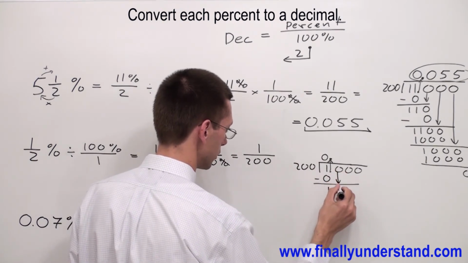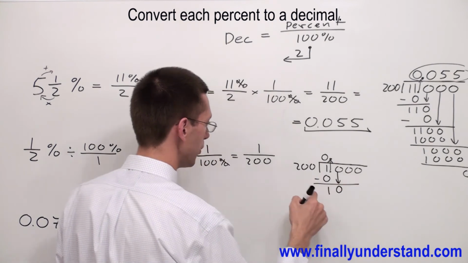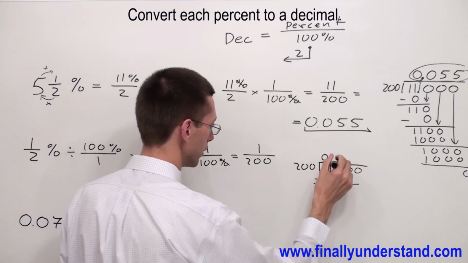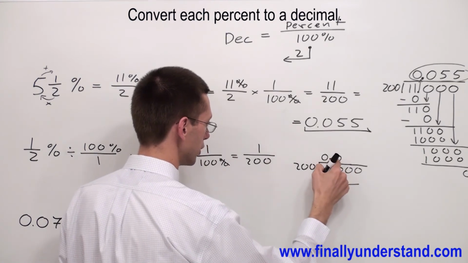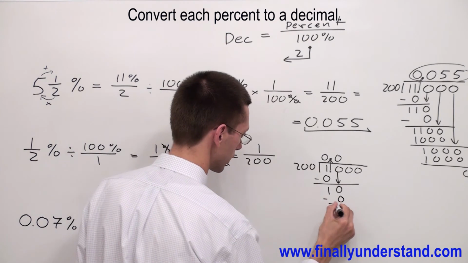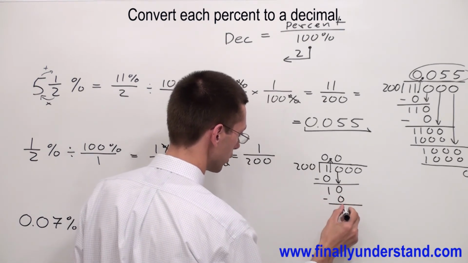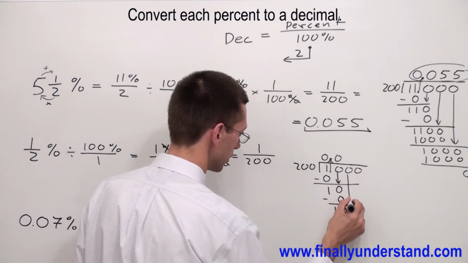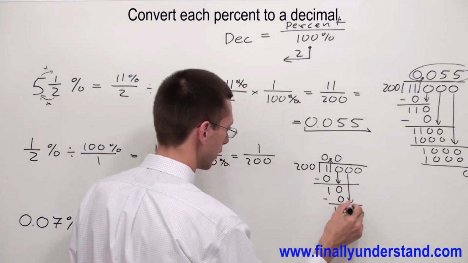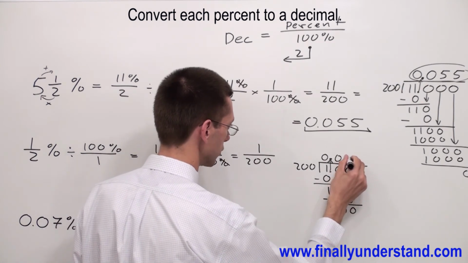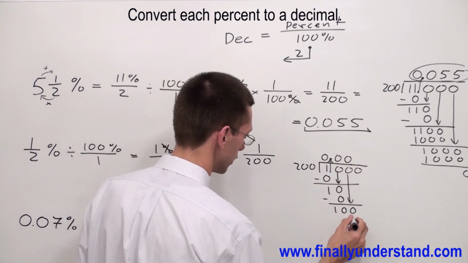Bring down 0. How many times does 200 go into 10? 0 times. 0 times 200 gives me 0. Subtract. 10 minus 0 gives me 10. Bring down 0. How many times does 200 go into 100? 0 times. 0 times 200 gives me 0.